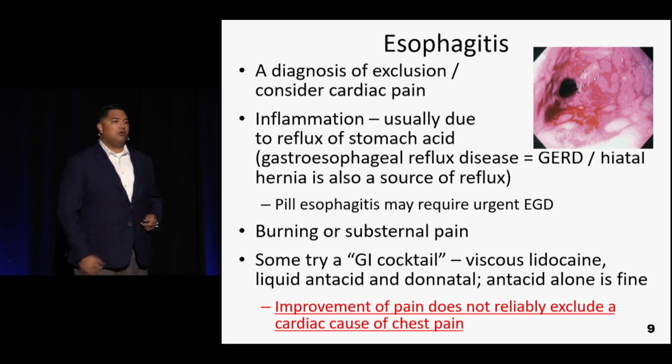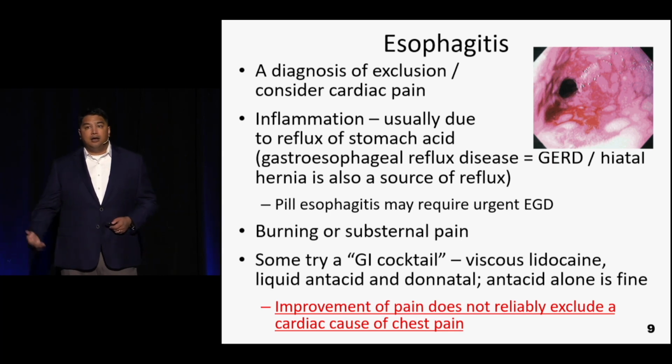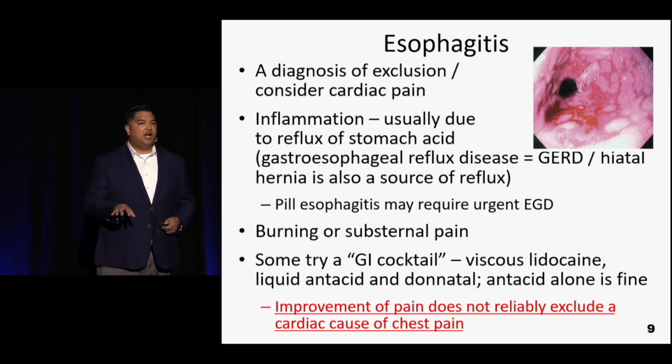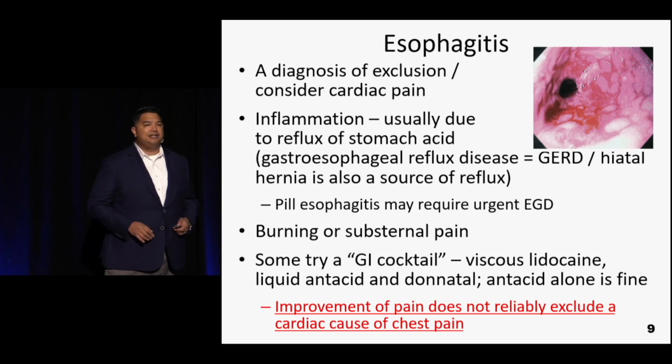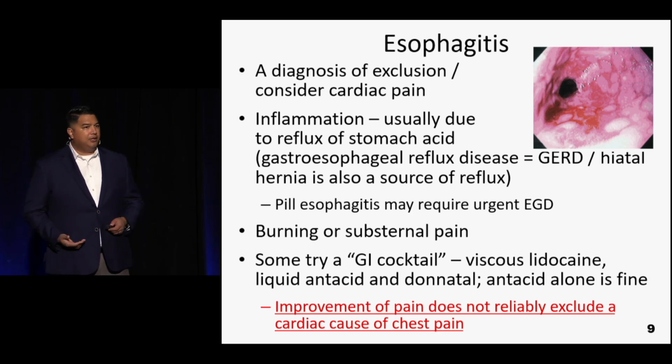Well, how do you know without direct visualization that this person's retrosternal chest pain is actually esophagitis and not an MI and not a PE and not a pneumothorax? So I want to caution you about not using esophagitis unless it's already been confirmed by somebody else, because there is some degree of medical legal argument here.